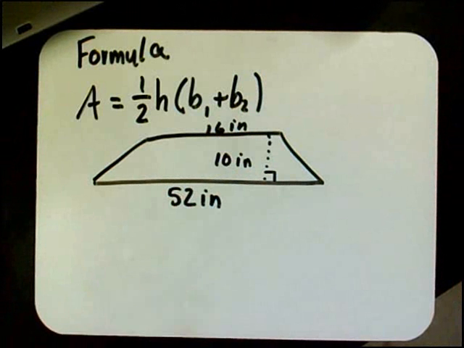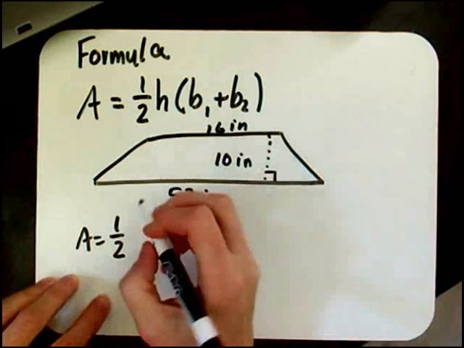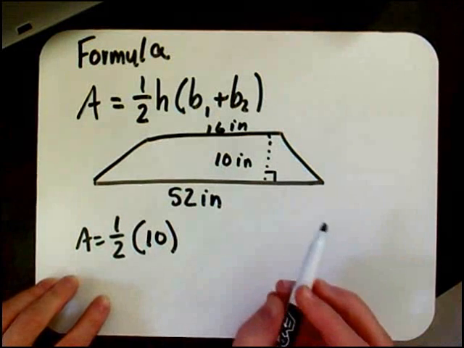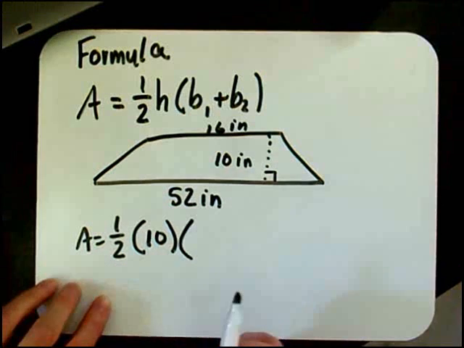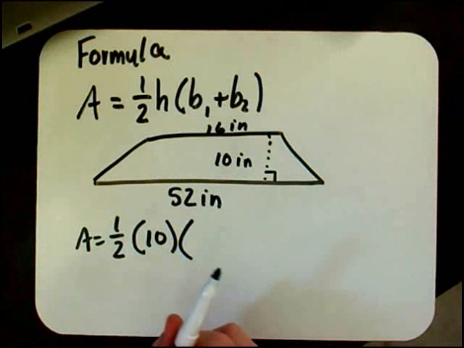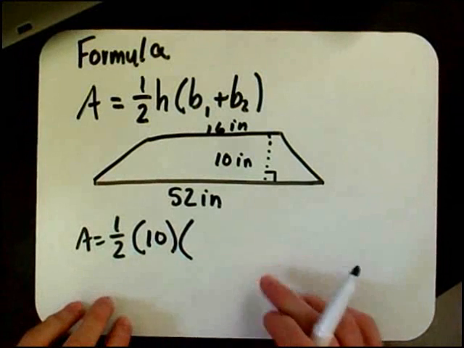So let's substitute what we know in here. If we have area equals 1/2 times the height, open parentheses, B1 plus B2 close. So A equals 1/2, and we know our height because that was 10 inches. So 1/2, open parentheses, 10, close parentheses, that's our height, open parentheses, now B1. B1 is our base one, which is actually the top of the trapezoid. That's that horizontal side.